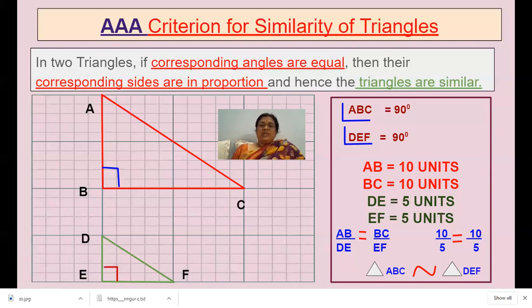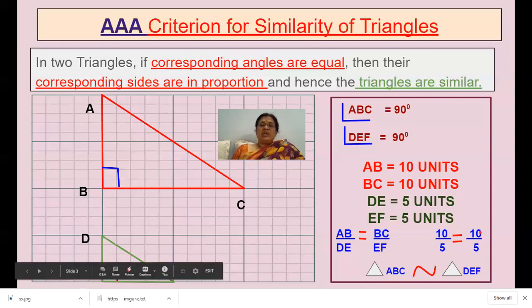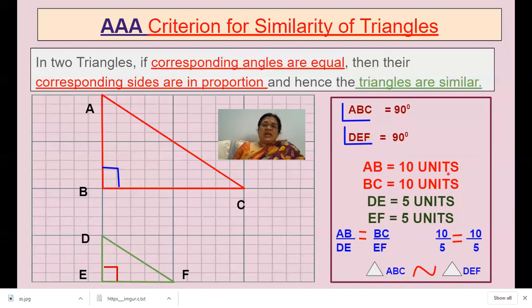Therefore, the sides are proportional and equal, that is, AB by DE is equal to BC by EF. So if the angles are equal, then the sides are proportional, and triangle ABC and triangle DEF are similar with each other.